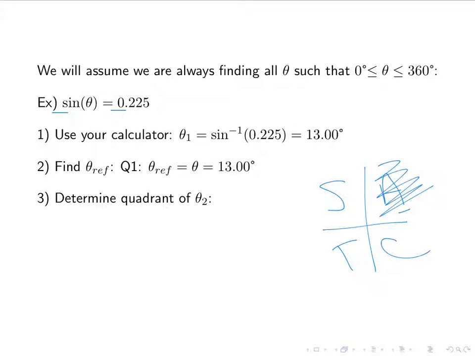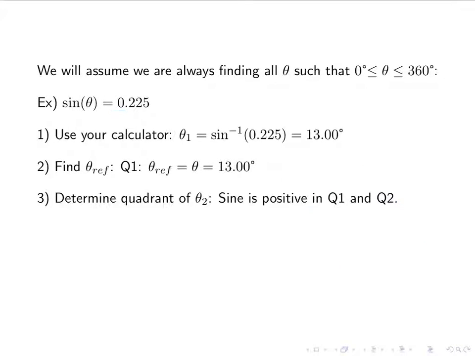The other time sine is positive is quadrant 2. So we have 1 and 2. Again, we already have the quadrant 1 angle, so we look at the equation for quadrant 2. Quadrant 2 says that theta is 180 minus theta ref. Theta ref is 13, so we get that theta 2 is 167.00 degrees.